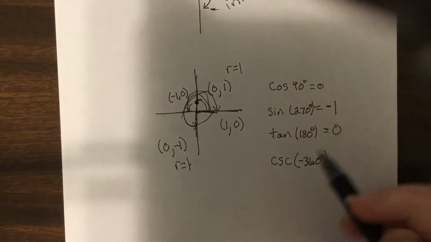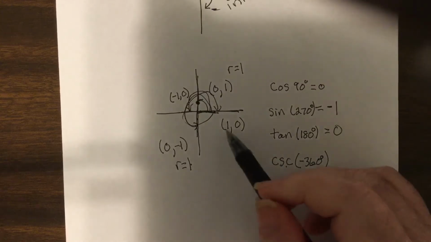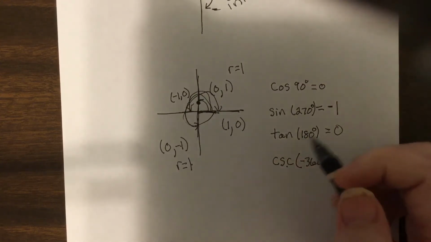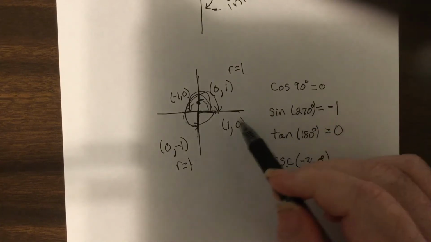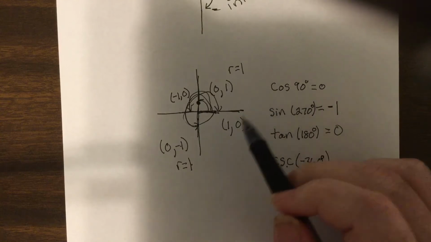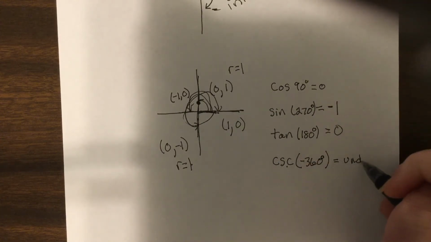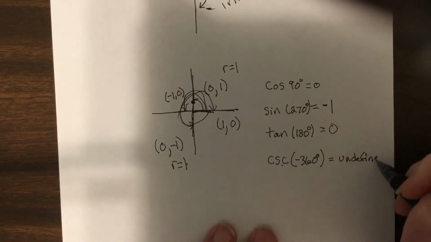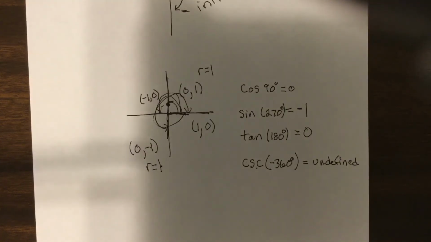Cosecant's a reciprocal of sine. r is always 1 if we're using the unit circle here. So it'd be r over y, so it'd be 1 over 0, which is undefined. Sine and cosine are never undefined, but the other 4 can be.